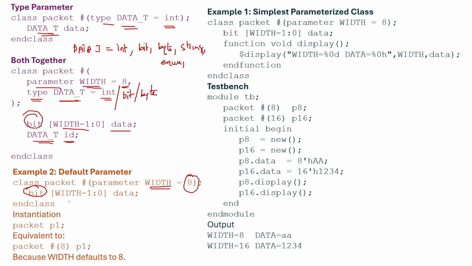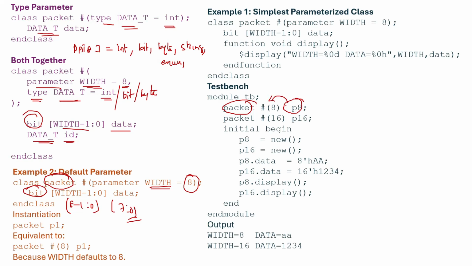Then we have 8 minus 1 down to 0. What is the value we are getting? 7 down to 0. 7 down to 0 means 8 bit. After that, you want to override it. How can we override it? What is the class name? Packet is the class name, and a handle for that.